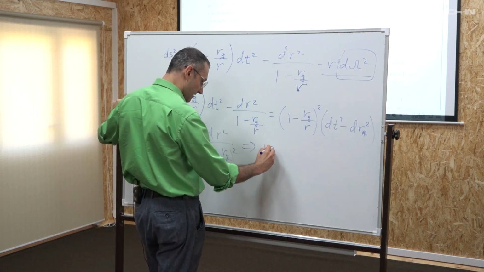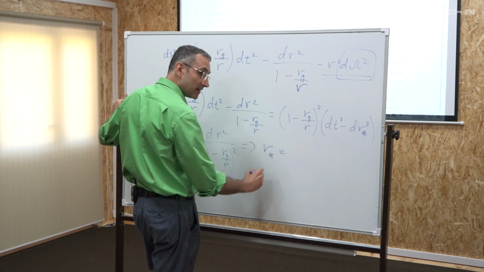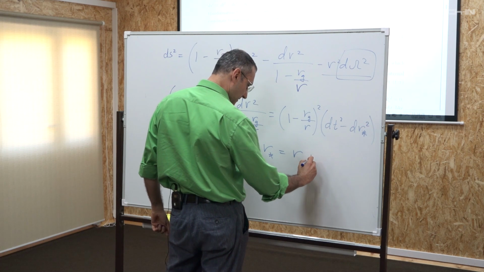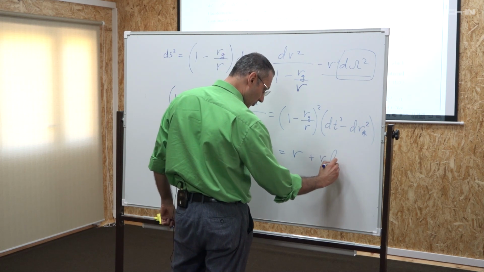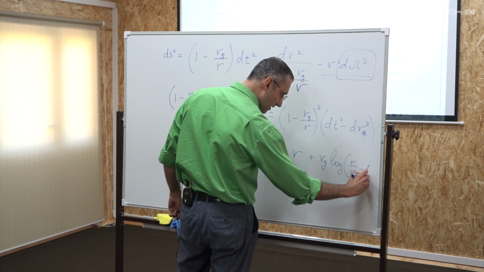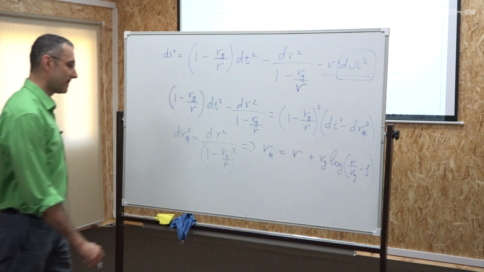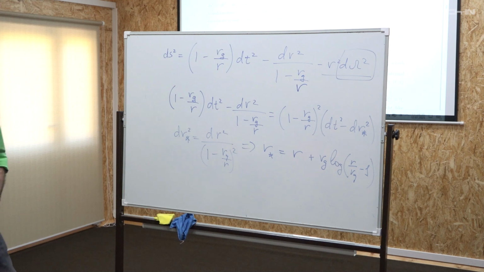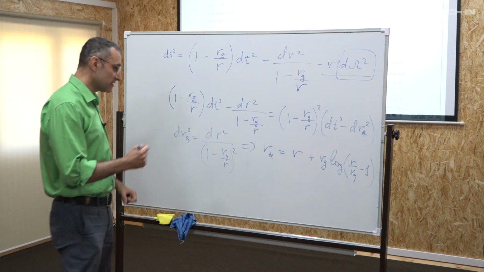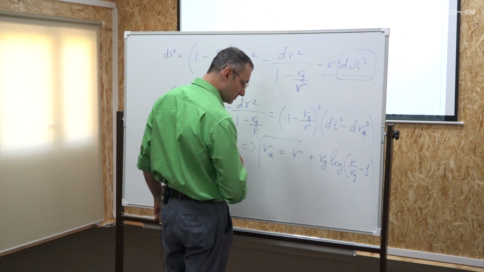I get that r star is something like r plus r_g log of (r divided by r_g minus 1). And the t on the left and the right is the same, so I change only the r coordinate. So you see this is a transcendental equation.